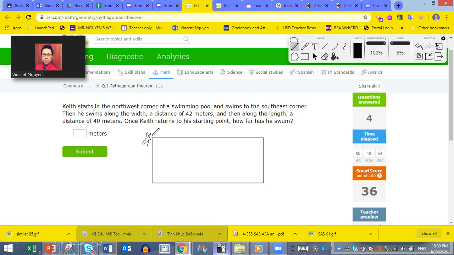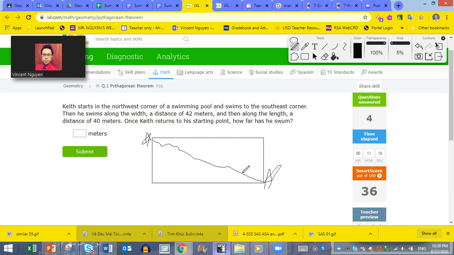And then he's going to swim to the southeast corner. So he's going this way right here, swimming and swimming. And I'm going to assume he swims in a straight line, even though I didn't draw a straight line.